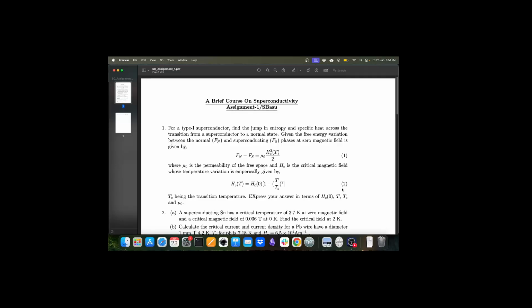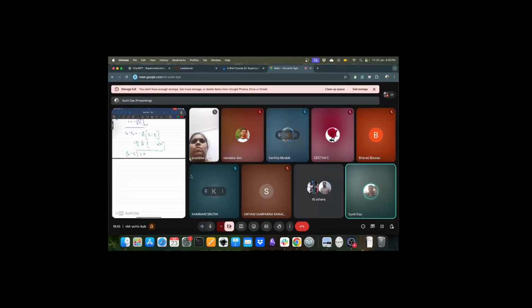So you'll find that some combination will come, so that your entropy at the normal state is going to be greater than the entropy at the superconducting states, and this is again physically sensible because superconductivity is an ordered state, so the particles are ordered. That means that the entropy of the superconducting state is lower than the entropy of a normal state.